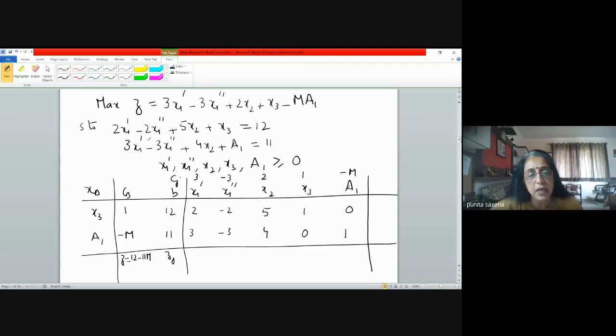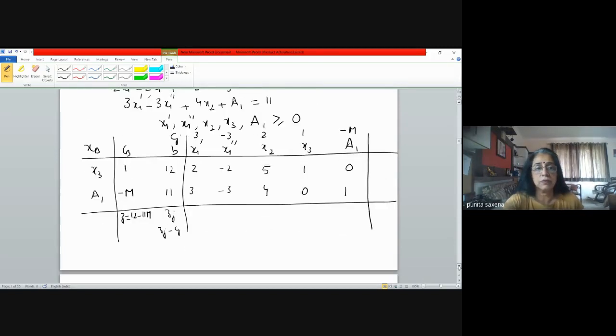Let's see. I have to now compute my zj's and zj minus cj's. So your zj's are going to be 2, minus 3M. This is going to be minus 2 plus 3M. This is going to be 5 minus 4M.